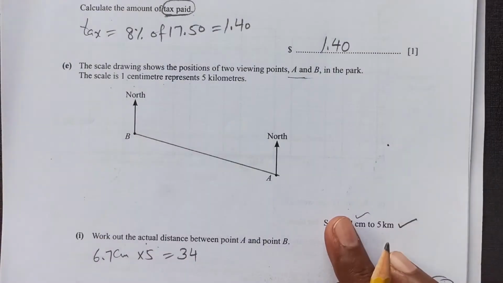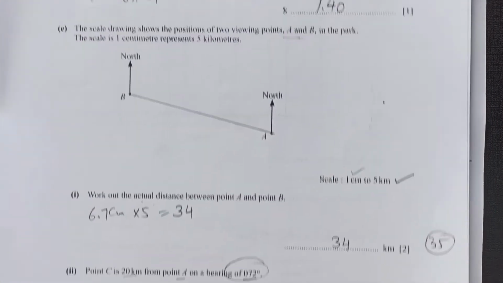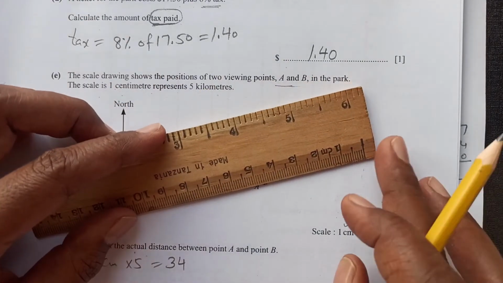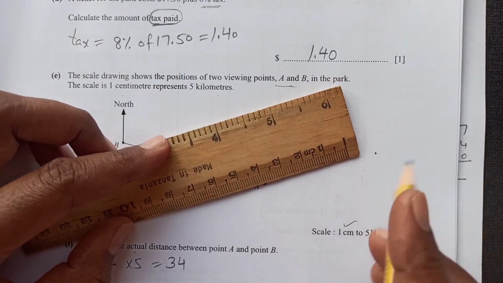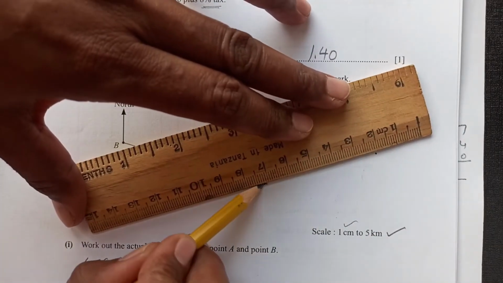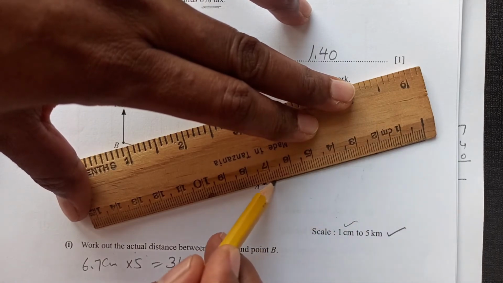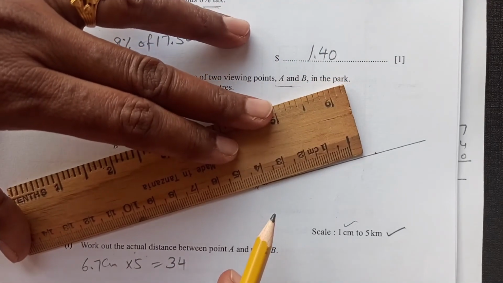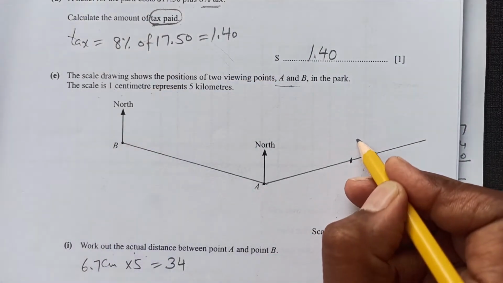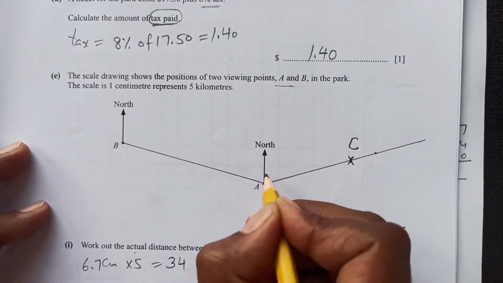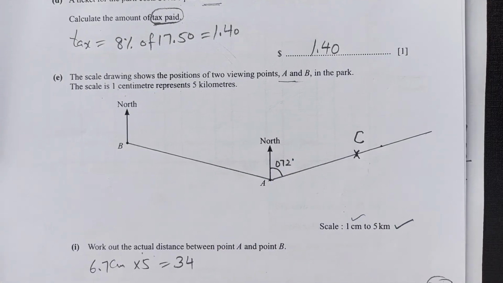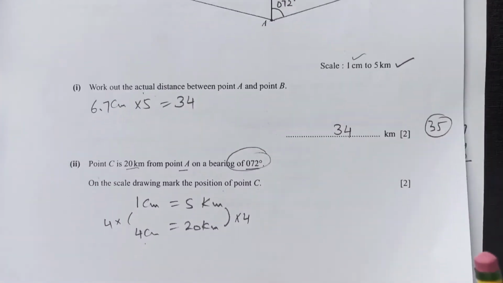We will join this, but we need a distance of 4 centimeters from A. Let me extend this line first, then we can cut 4 centimeters from here. So this is the point where we can locate C, on a bearing of 72 degrees. So that's it for this question.